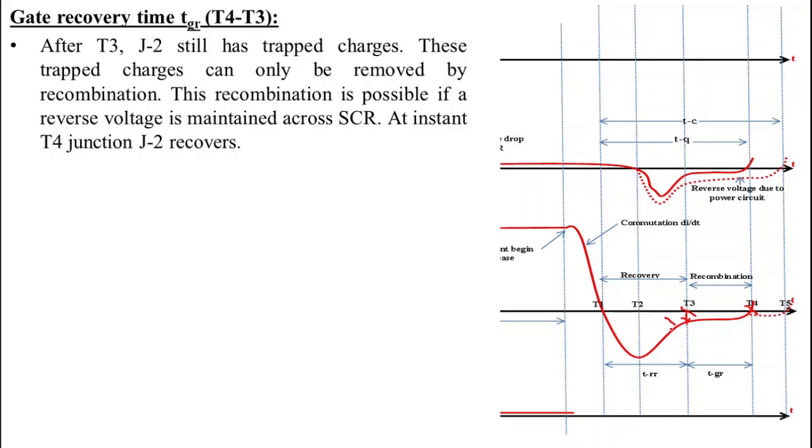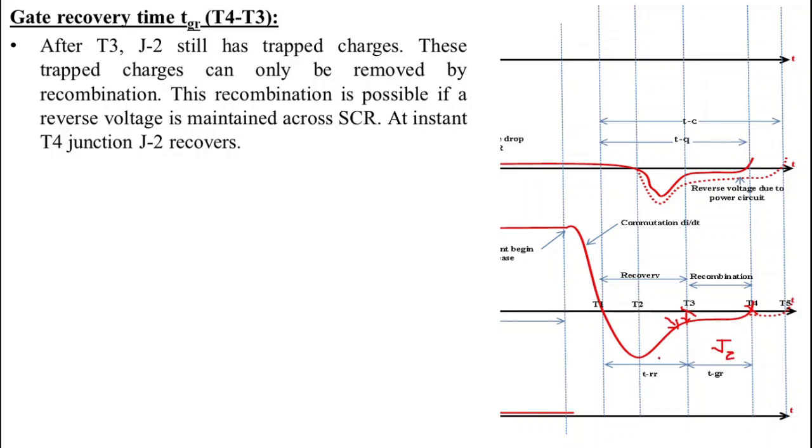That's why this reverse recovery current is flowing. These trapped charges can only be removed by recombination. This recombination is possible if a reverse voltage is maintained across SCR. At T4, junction J2 recovers and forward voltage can be reapplied.